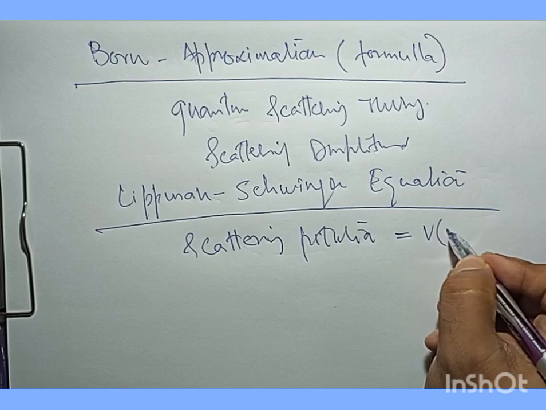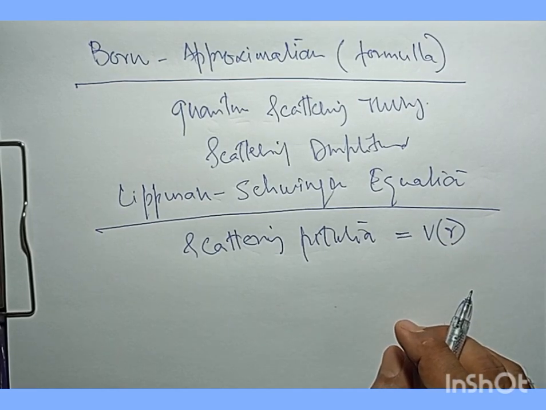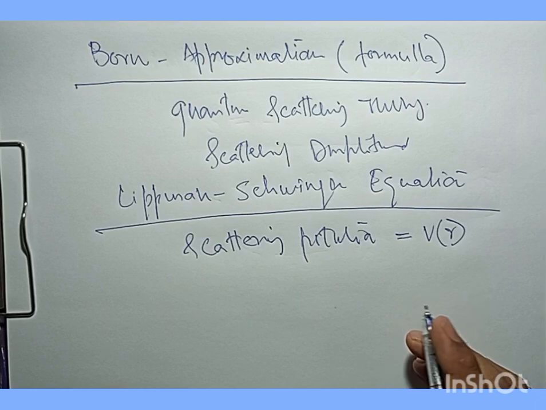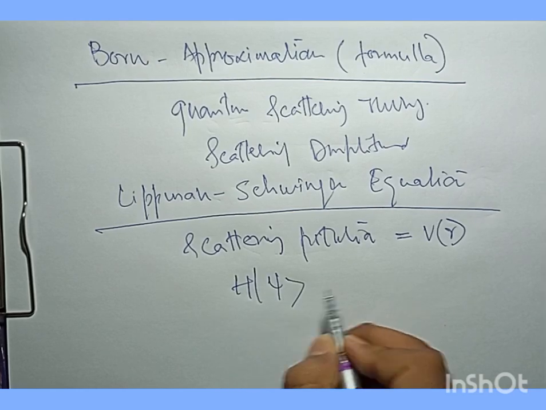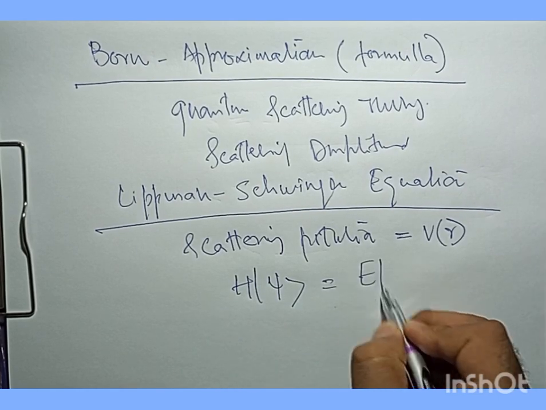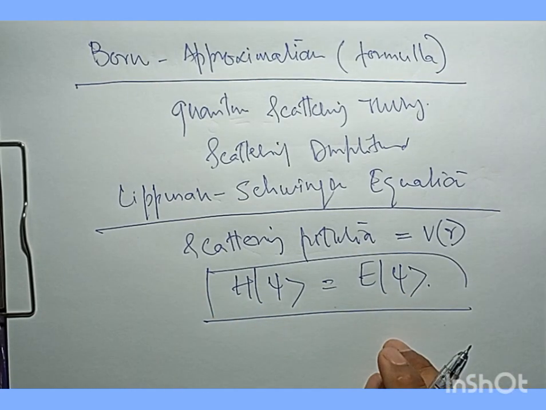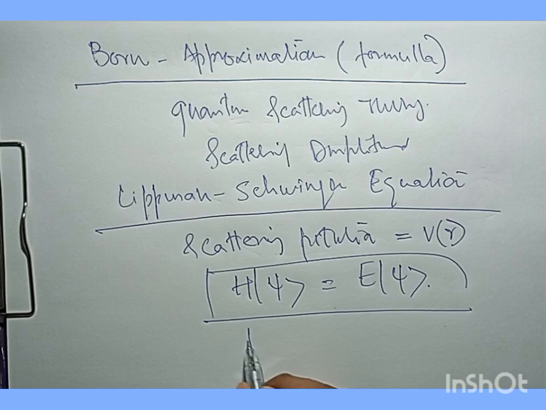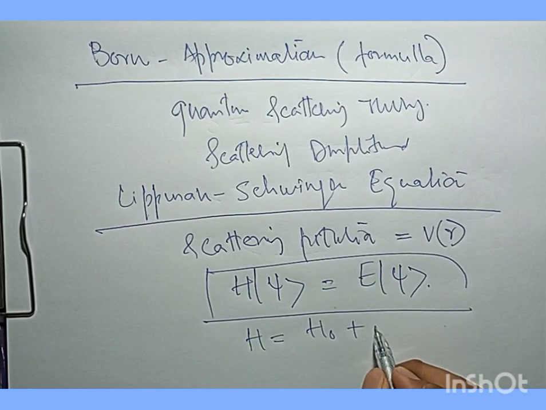Say that scattering potential is V of R. And we can immediately write Schrodinger's time independent equation for a particle having an energy E. So that will be H psi is E psi, where this H is H naught plus V.